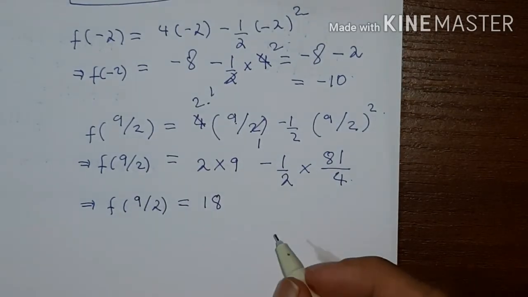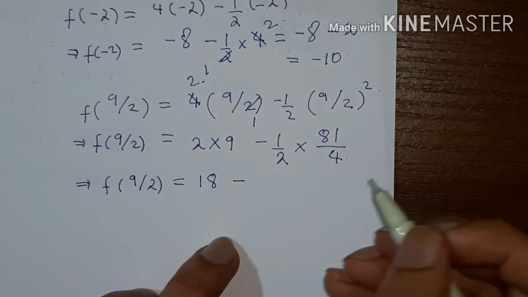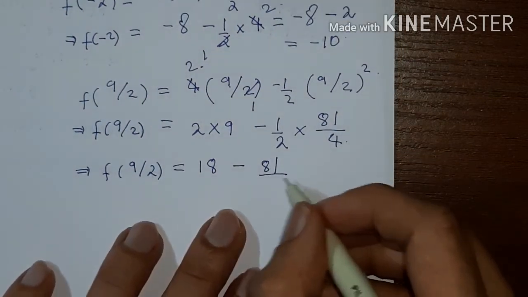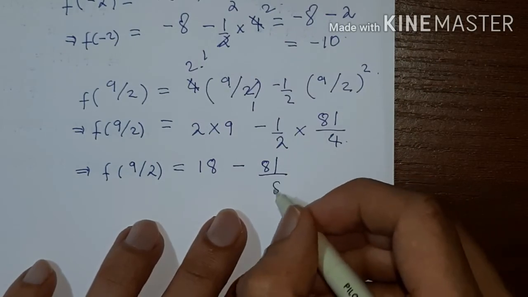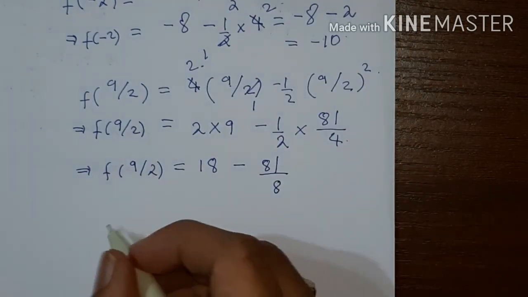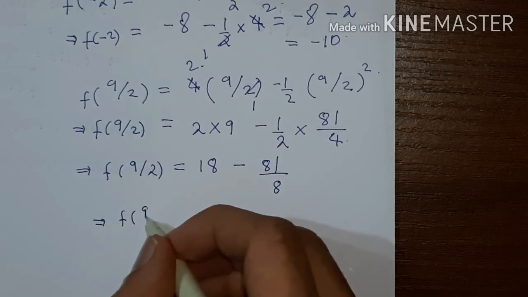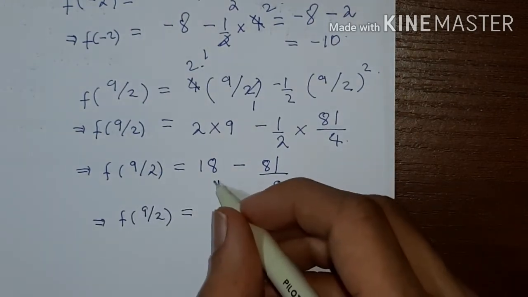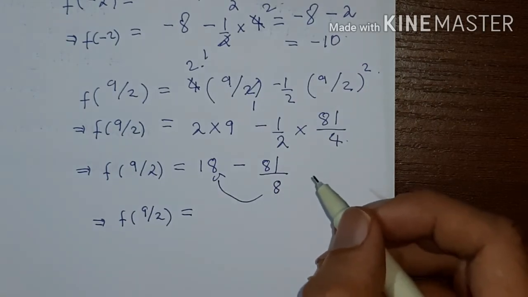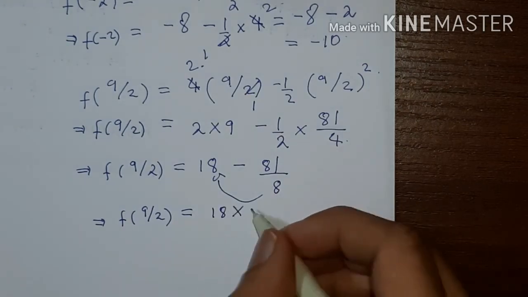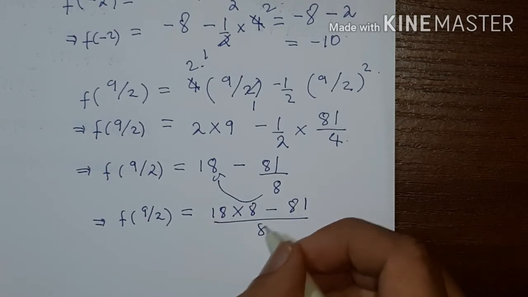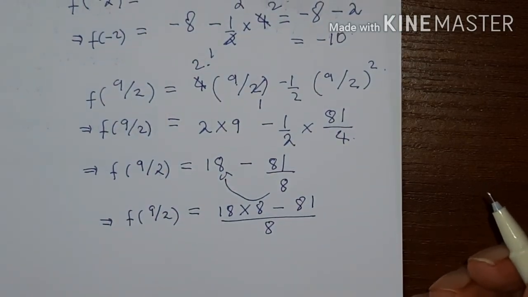18, okay, minus 81, right, divided by 2 4s are 8. So f of 9 by 2 equal to, now you can multiply this 8 here, right? So 18 multiplied by 8 minus 81 divided by 8, okay?